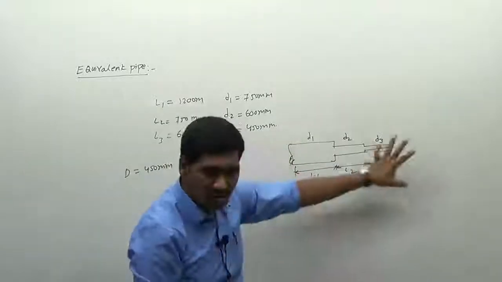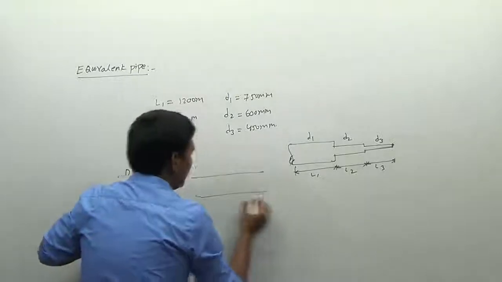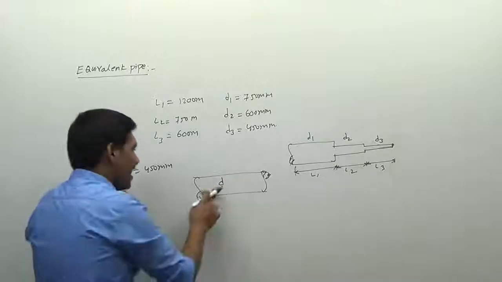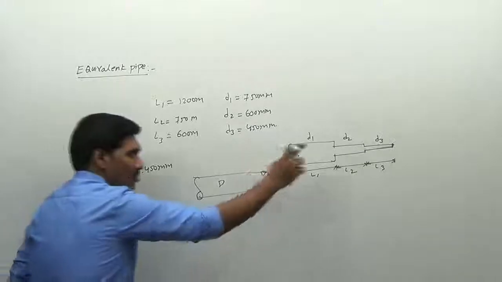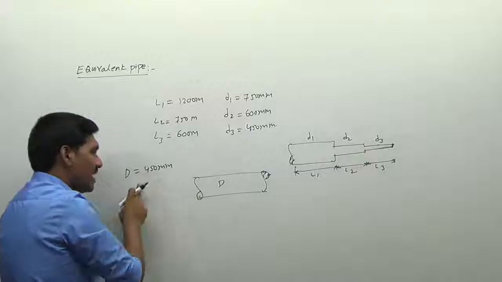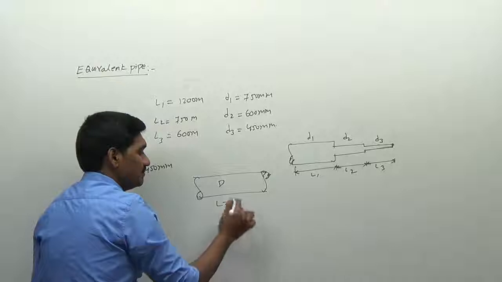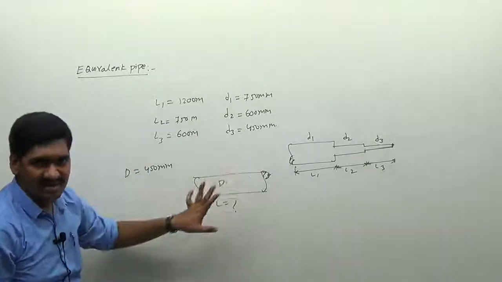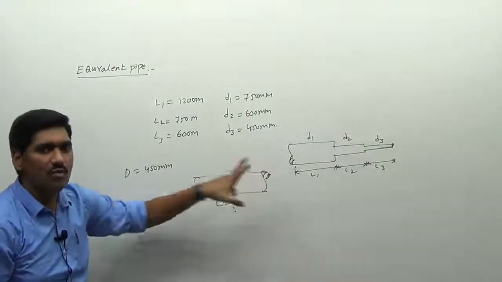I want to make this total pipe into a pipe of constant diameter of 450 mm. Then to how much length do we have to manufacture this pipe, such that the loss of head in that pipe is equal to the loss of head in this pipe.